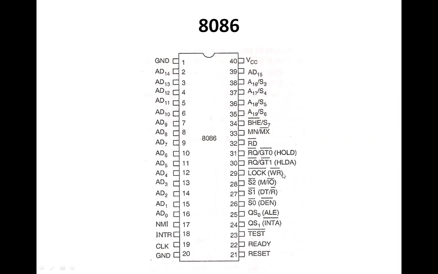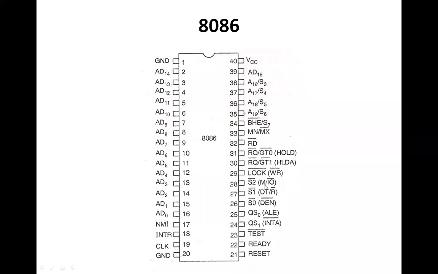Now this pin floats to a high impedance state during the hold acknowledge signal. Whenever the hold acknowledge signal is being sent by the microprocessor, this signal is going to be in the high impedance state. But whenever it is normal working, it gives the information that whatever is the content of the data bus, it is meant either for the memory or for the input output device.